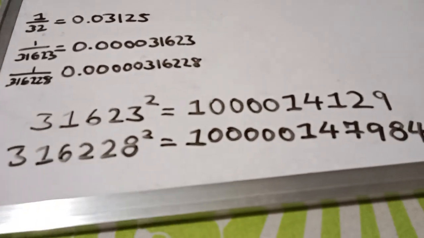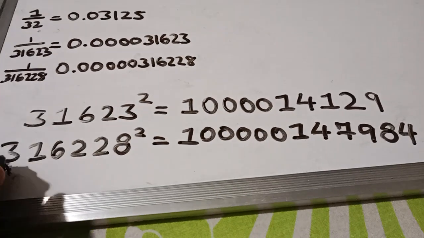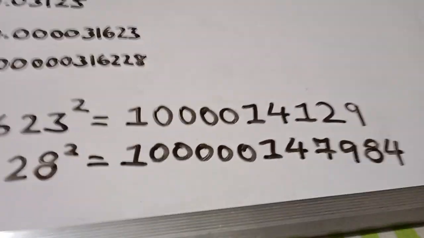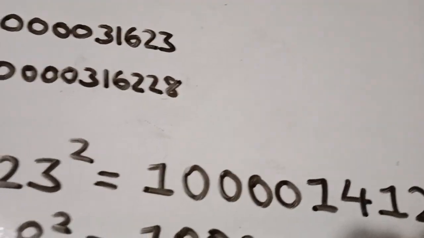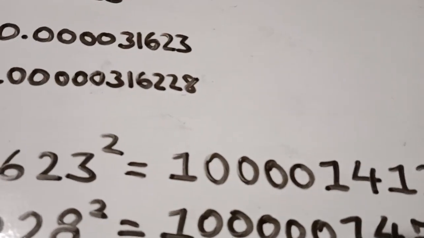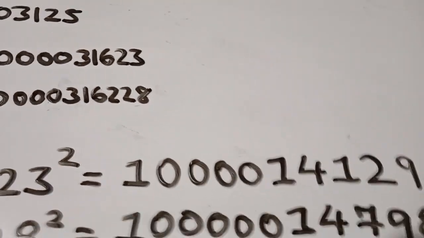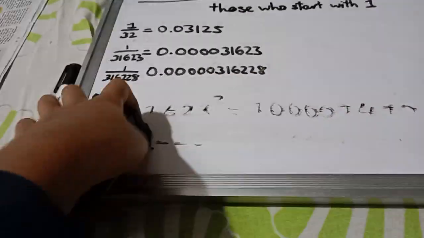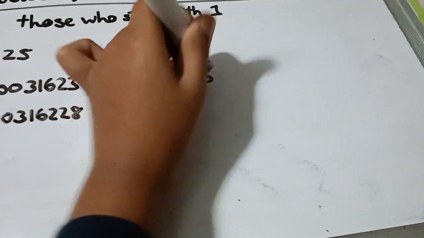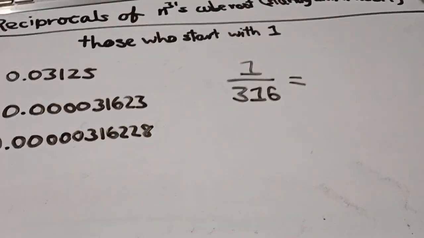So 316 here in this place, it comes with the chapter, which means it contains itself as a substring. About 316, all you have to do is 1 divided by 316. Now what do you get?